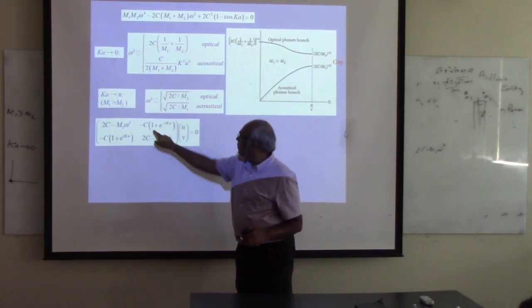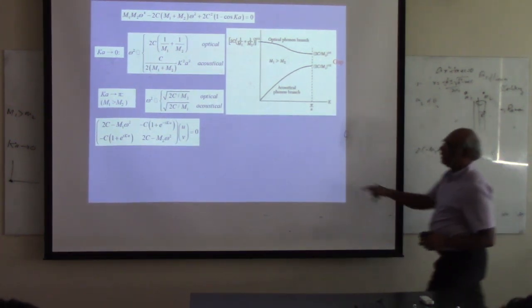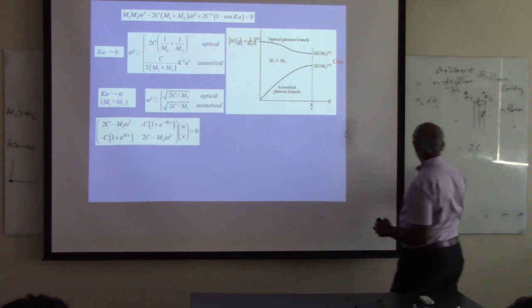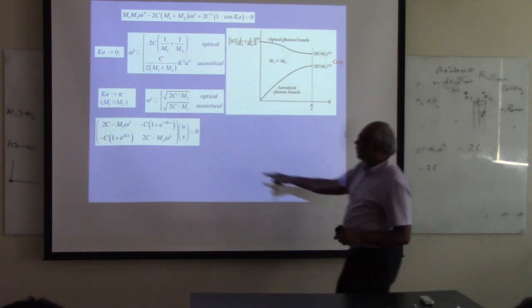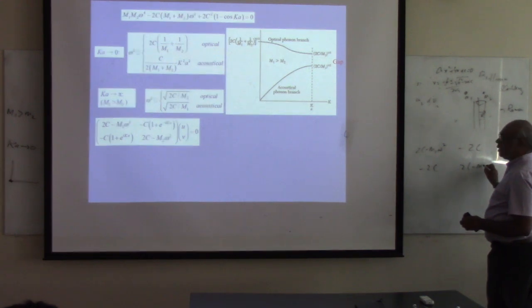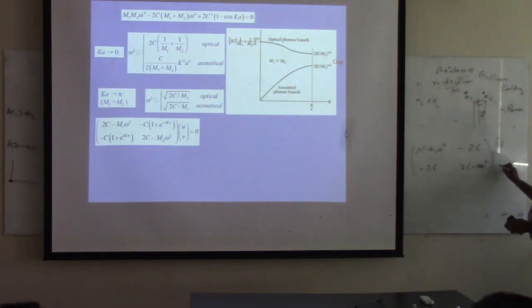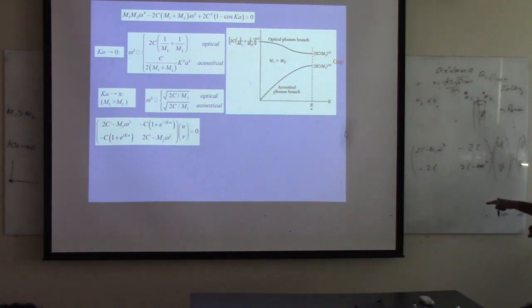That means 1 plus 1, so you get minus 2C. Here also you get minus 2C, then here you get 2C minus M2 omega squared, times the amplitudes U and V, equals 0. Now you can solve this one.